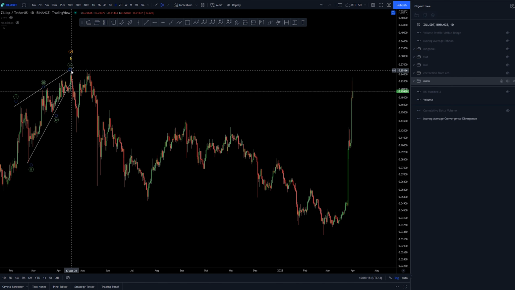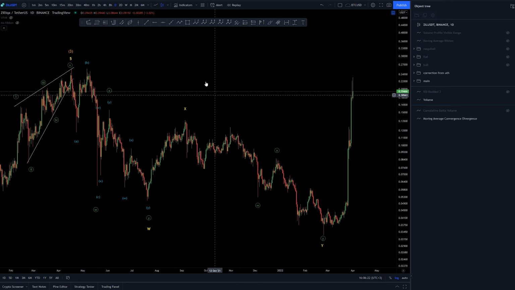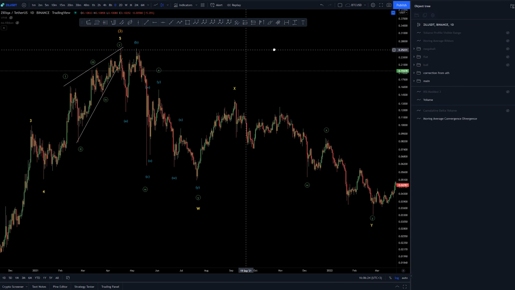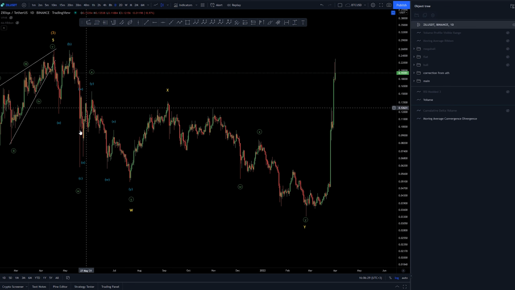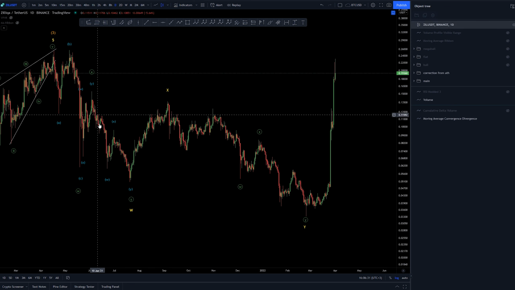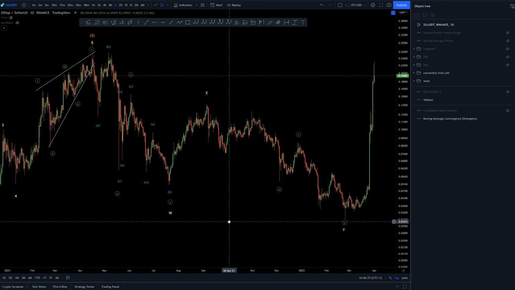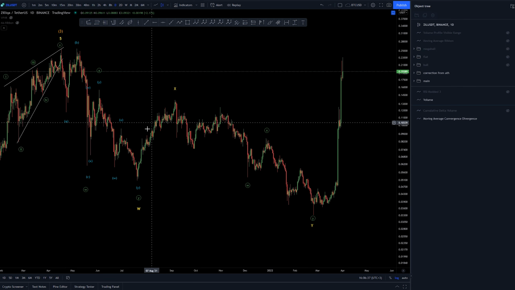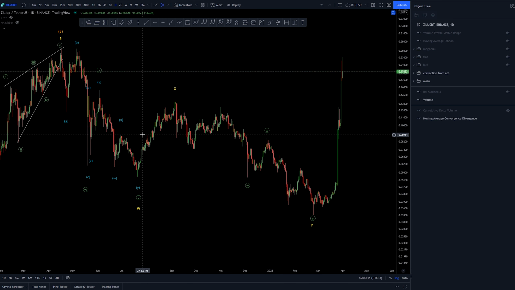So from the all-time highs down to the February 24th low, I've labeled this as such. So ABC down to WXY into X and WXY into Y of the W minor count. Now, there's no obvious pattern here for how you want to label this. Could be this, like so.